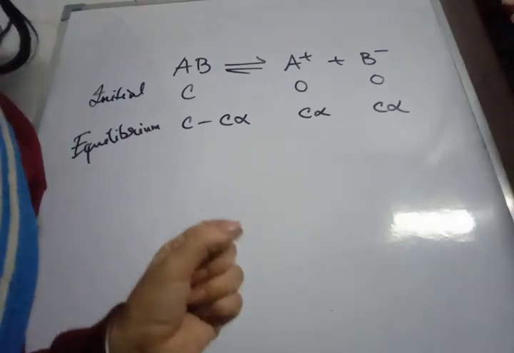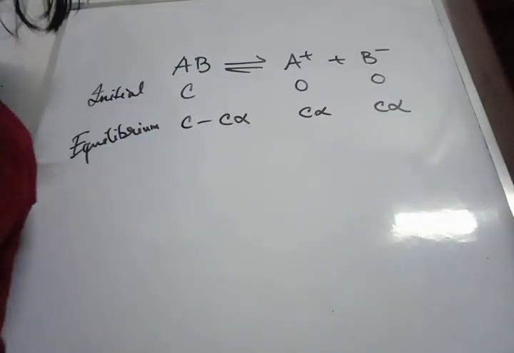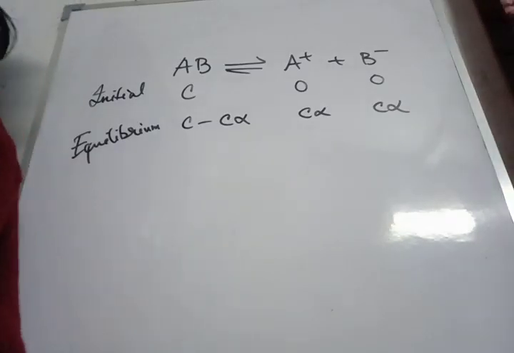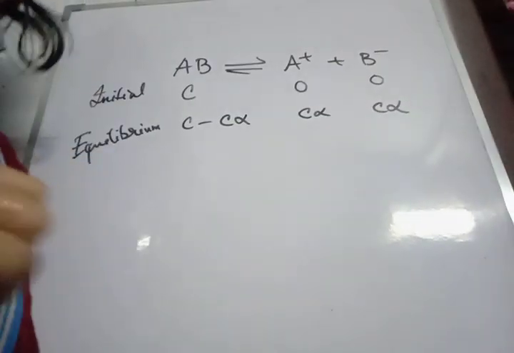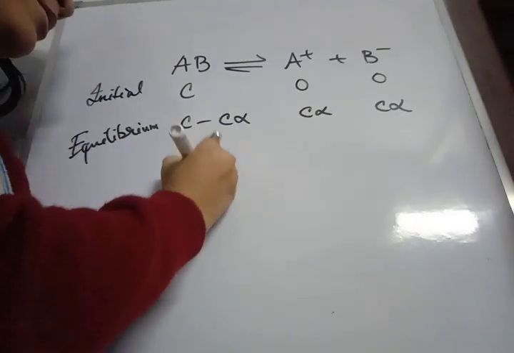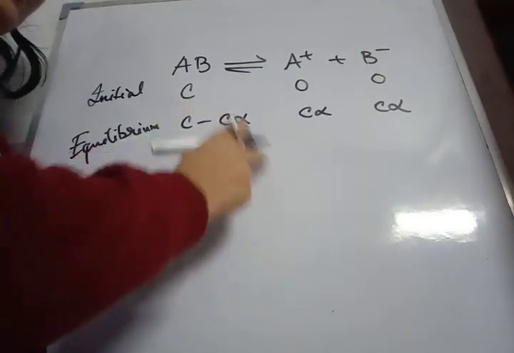Alpha being the degree of dissociation means what? From C, your alpha percentage gets dissociated, right? So C alpha are the moles of the products and C minus C alpha is the moles of the reactant, right? Now applying the law of chemical equilibrium, I can write K. It's an equilibrium constant.